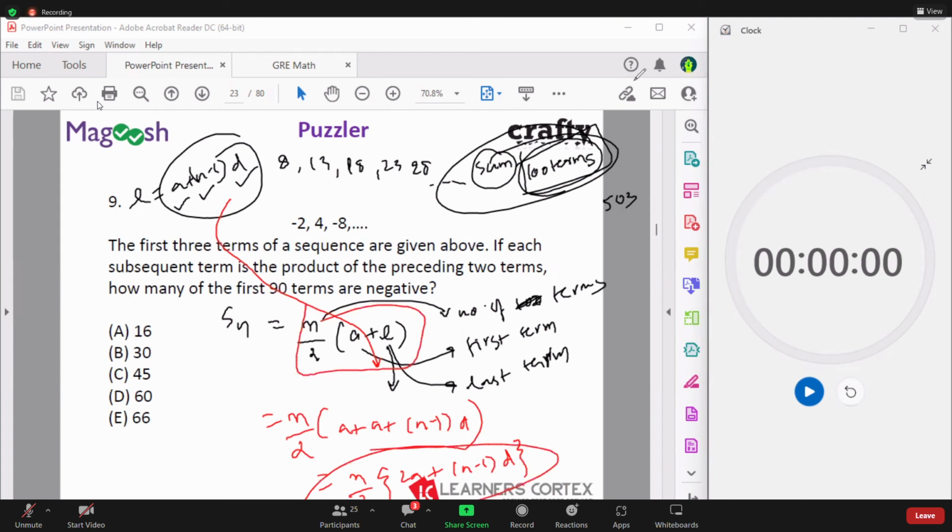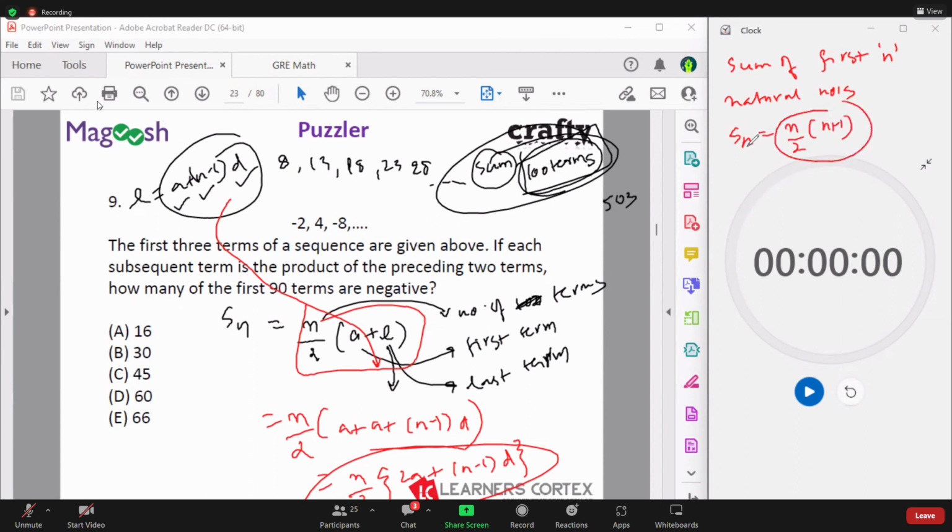Now, using these two formulas, there are certain values or certain sets of formulas that you can create, like the sum of the first n natural numbers, which is basically n by 2 times n plus 1.